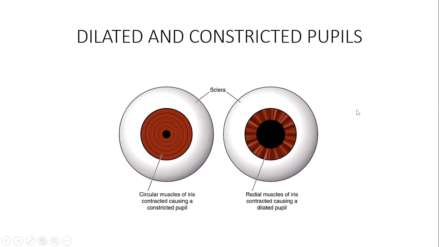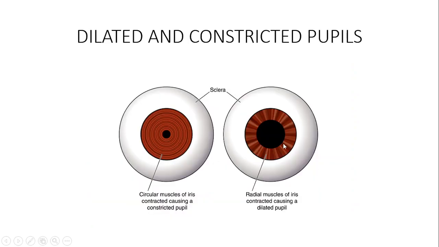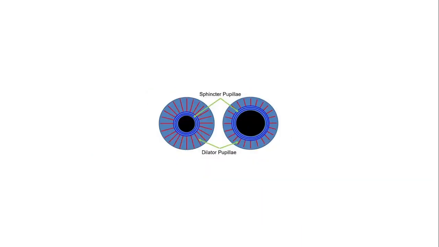These are all recreational drugs capable of what? Increasing the size of the pupil. Alright, these are all recreational drugs capable of increasing the size of the pupil. Look at it here, it's dilated.